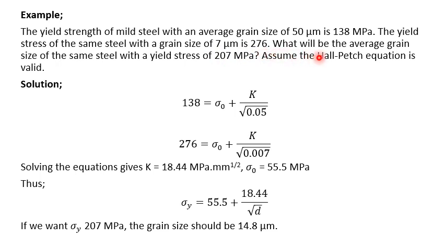What will be the average grain size of the same steel with a yield stress of 207 megapascals, assuming the Hall-Petch equation is valid?